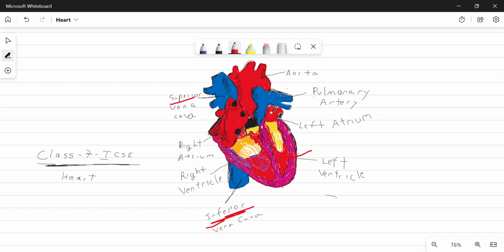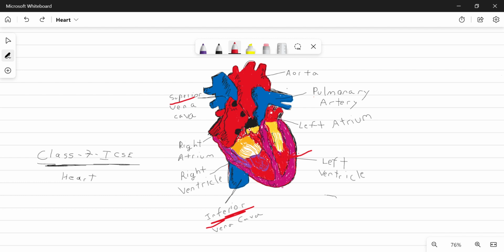This thing you see over here, there's another thing which we'll call left ventricle. You see right ventricle, just opposite this is the left ventricle. Right ventricle is here, left ventricle is here.